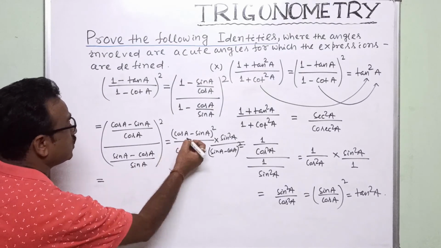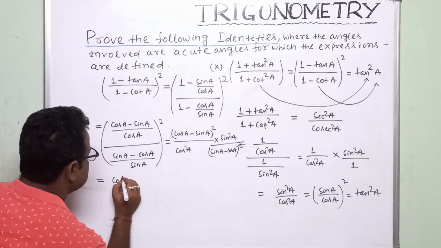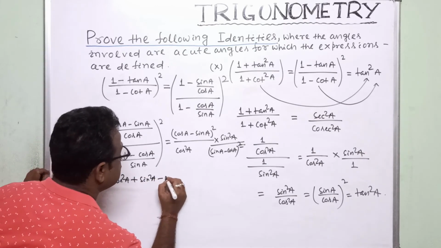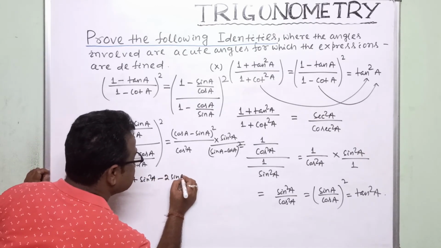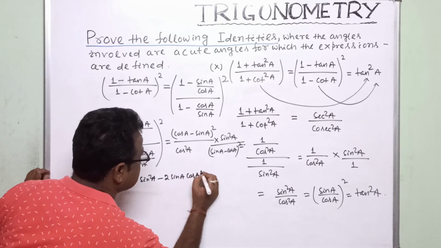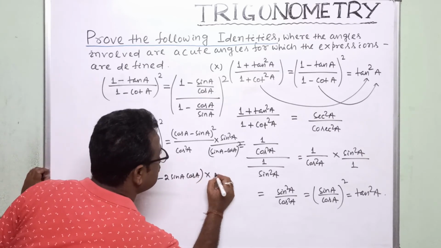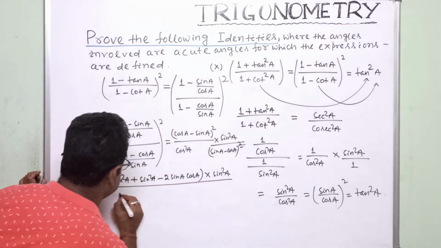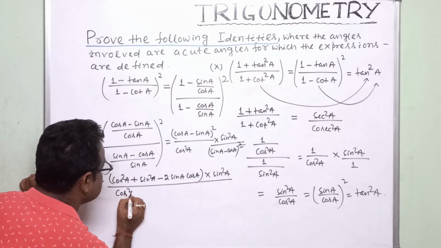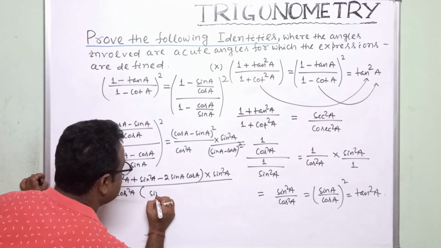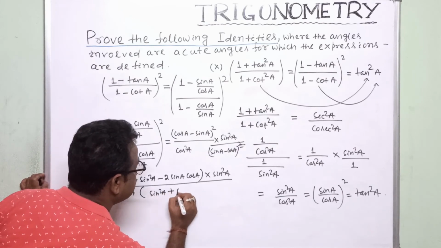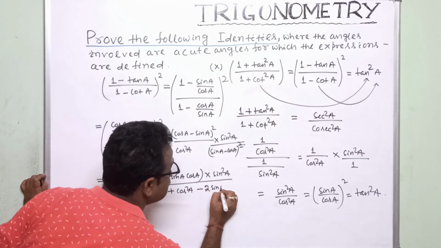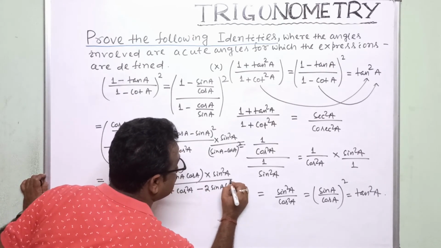That equals (cos square A plus sin square A minus 2 sin A cos A) into sin square A, whole divided by cos square A into (sin square A plus cos square A minus 2 sin A cos A).